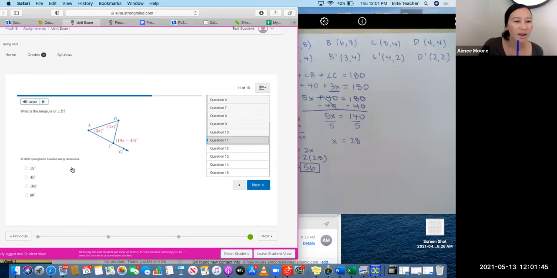All right, number 11, this is the exterior angle theorem. So do you remember the relationship between angle A and B and this exterior angle out here, BCG?